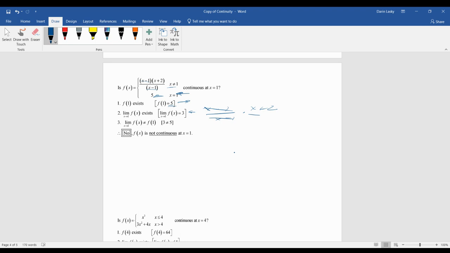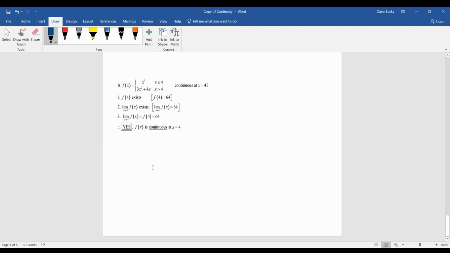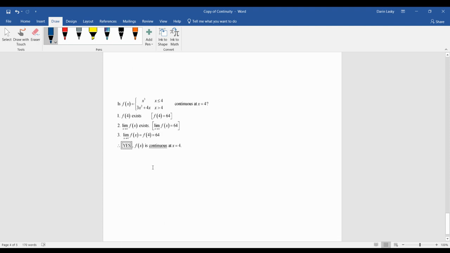We're going to lose that, and we're going to get x plus 2, and that's where they get their 3 from because they're going to plug in their 1. But since 5 does not equal 3, it cannot be continuous because they don't equal each other. So all three values, and I'll let you guys look at that one, all three values must match. Watch out for these piecewise ones because you got to utilize whichever one.